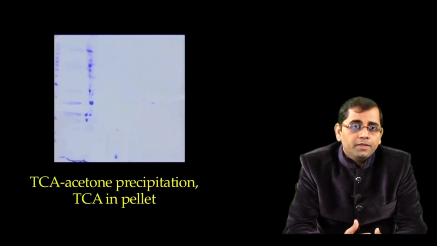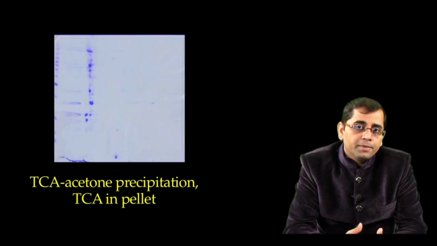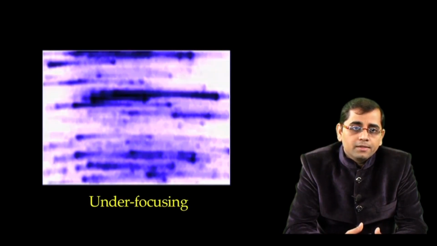These issues could be because of the sample preparation method, reagents involved in the 2D process, isoelectric focusing parameters and different types of staining methods being used. I'll also show you different substandard or bad gels and what could be the possible reasons behind them, which can help us in troubleshooting these kinds of artifacts.